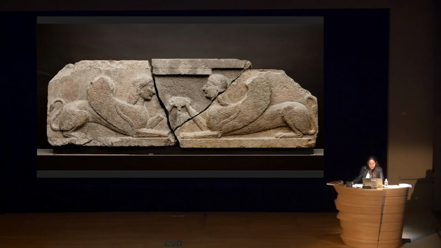And it represents 2 sphinxes resting their forepaws on what is probably a column representing the city. Sometimes people interpret it as a tree, like the tree of life.